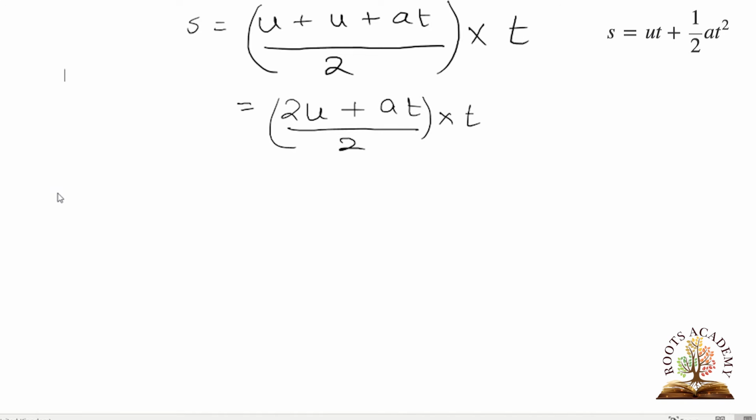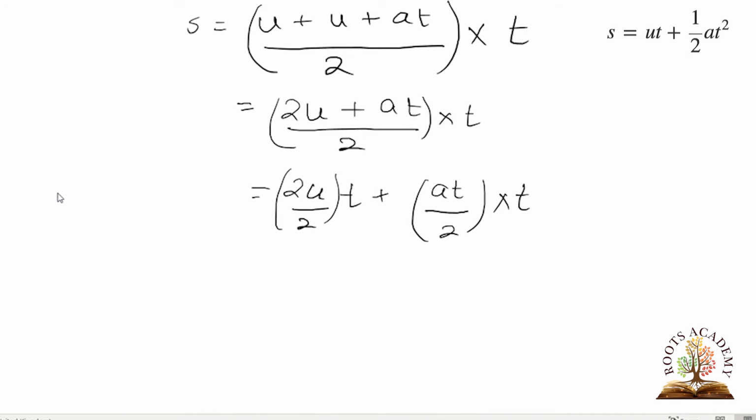Okay, so we're now going to divide and separate this division. So it's going to be 2u upon 2 into t plus at upon 2 into time t. Now this 2 and 2 will get cancelled.